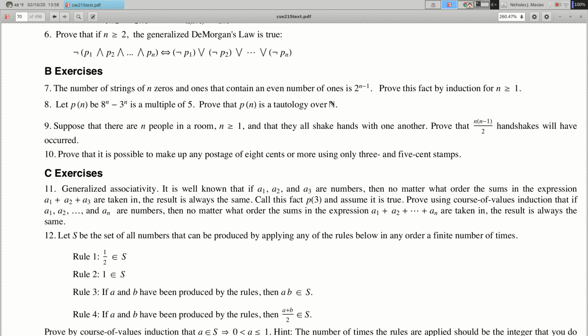The number of handshakes will be increased by n. We could subtract it from this, we could say this is the difference. Basically, more handshakes.